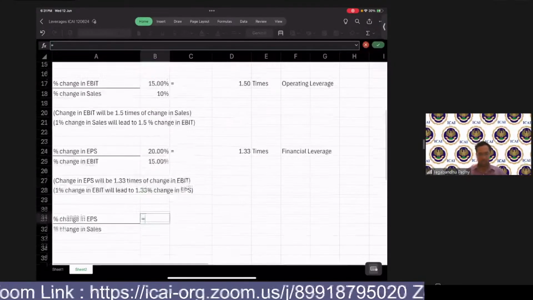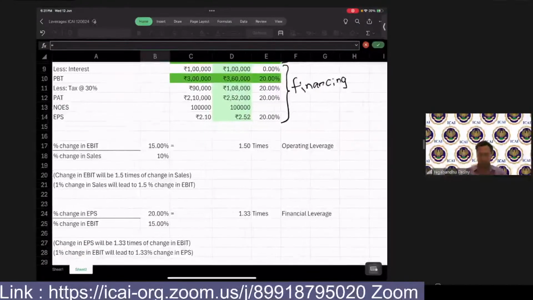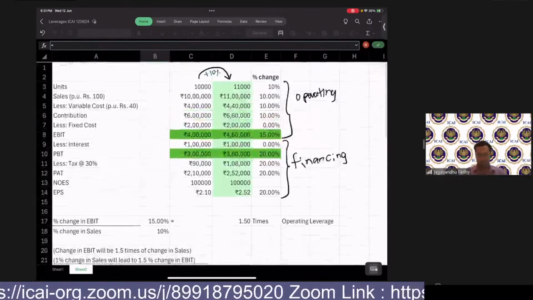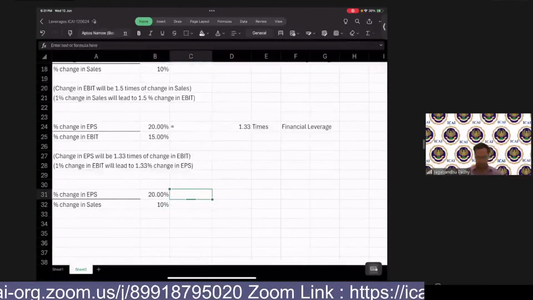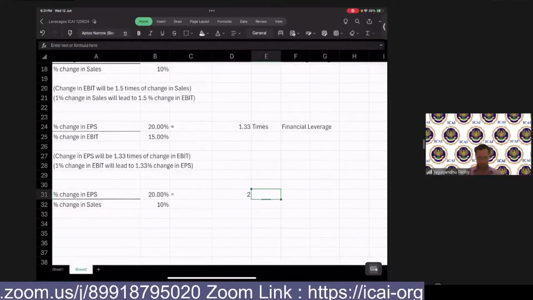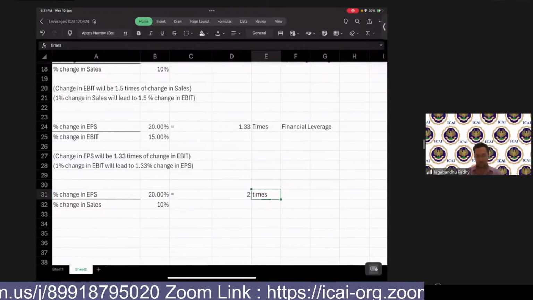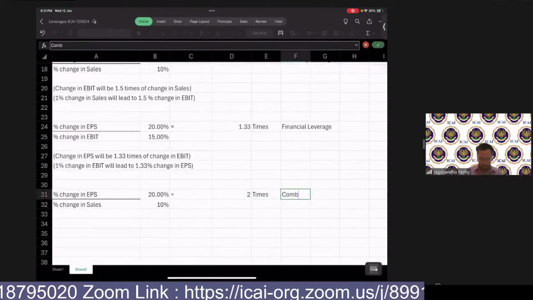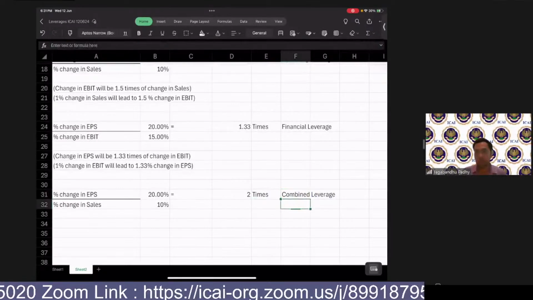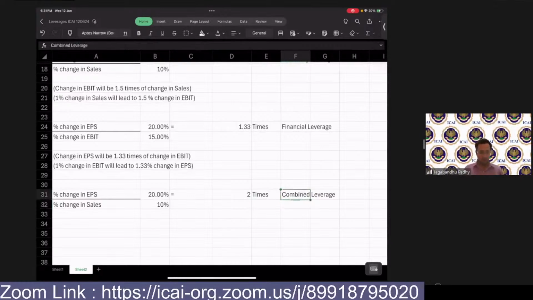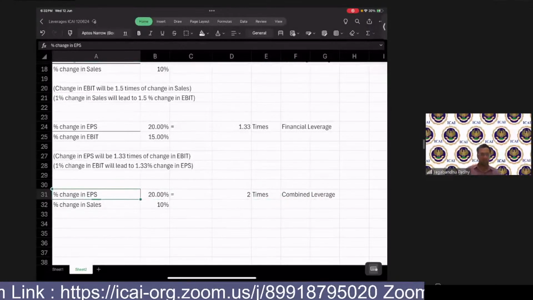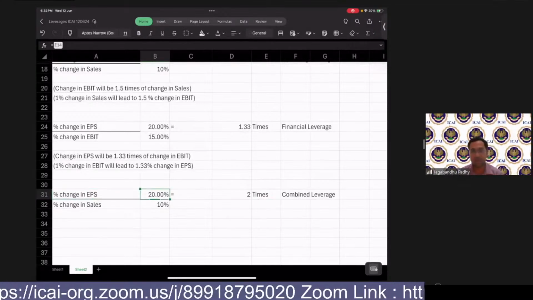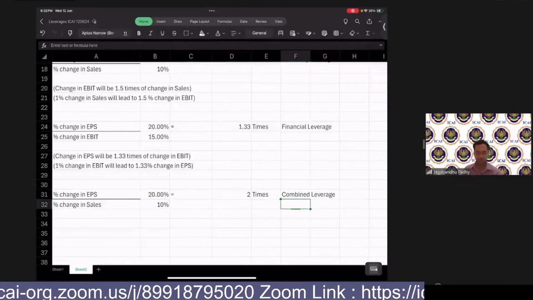The percentage change in EPS that you observed was 20%, for what percentage change in sales? Sales was changing by 10%. That gives 2, and this figure of 2 times is said to be combined leverage. Percentage change in EPS upon percentage change in sales is 20% upon 10%, which gives me 2 times.